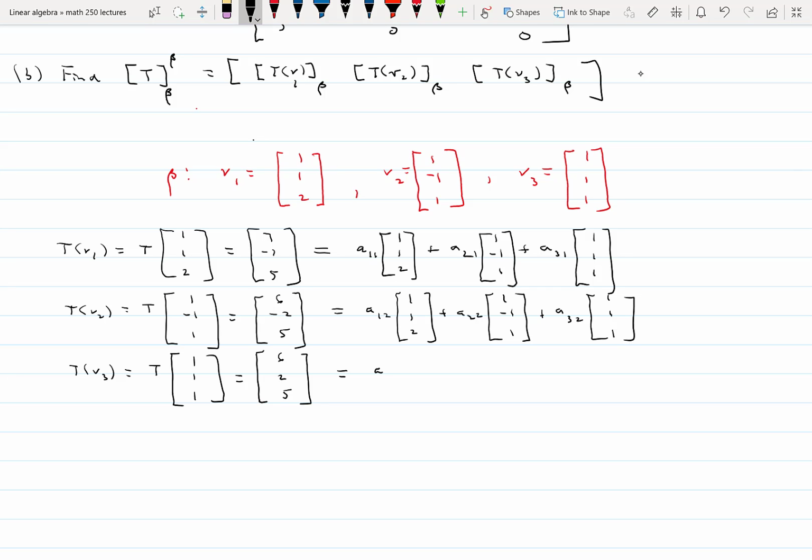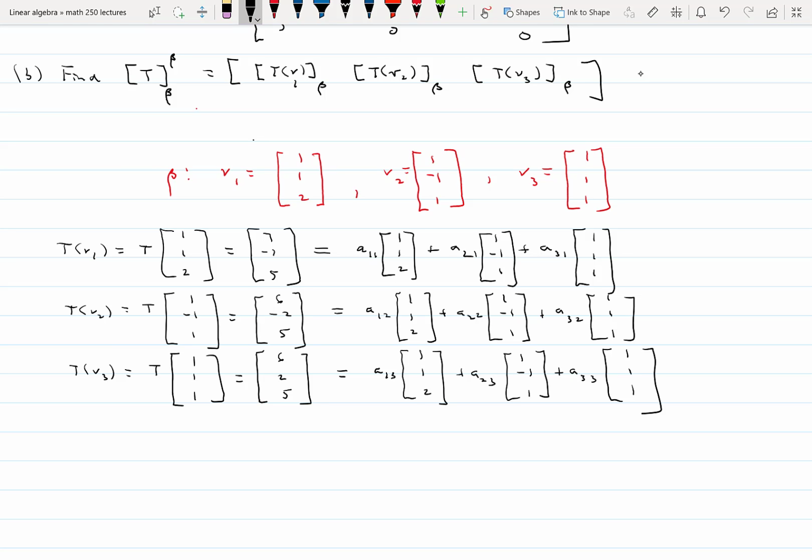So this is A1 V1 plus A2 V2 plus A3 V3. But it's not just A1 V1, it's A1 for V3. So A13 V1 plus A23 V2 plus A33 V3.